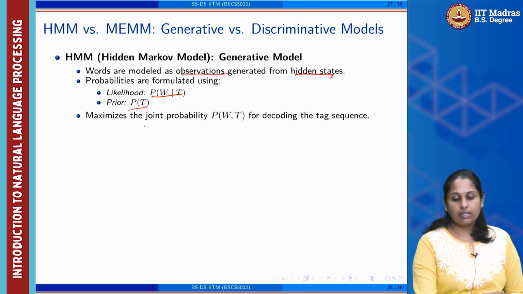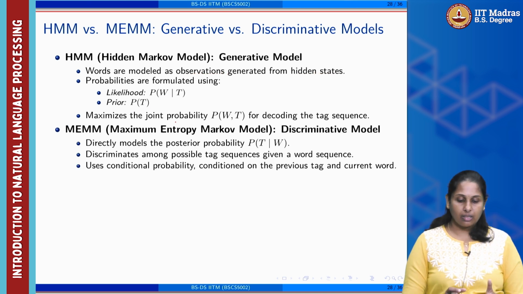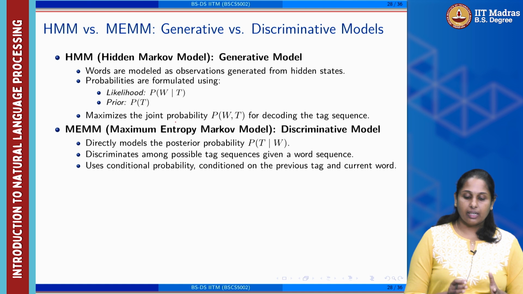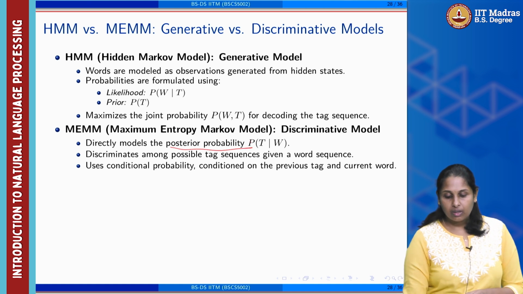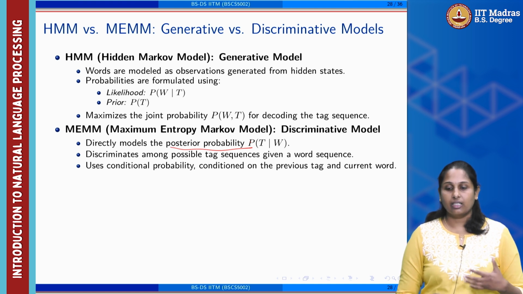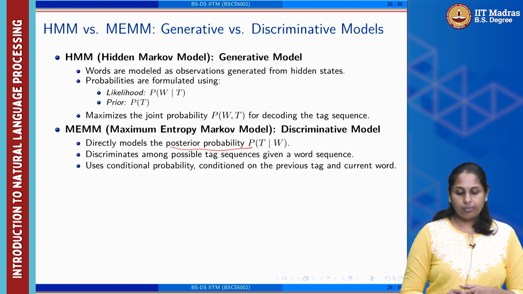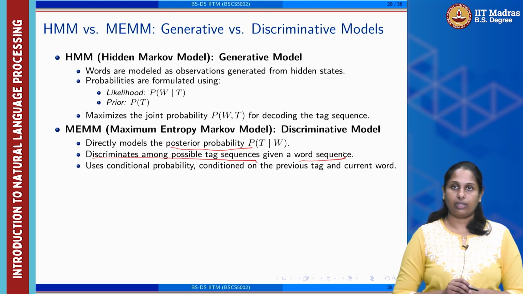HMM maximizes the joint probability so that we decode the tag sequence. Whereas the maximum entropy Markov model directly models the posterior probability. Given the word, what is the tag it is attached to, and it discriminates among possible tag sequences given a word sequence.